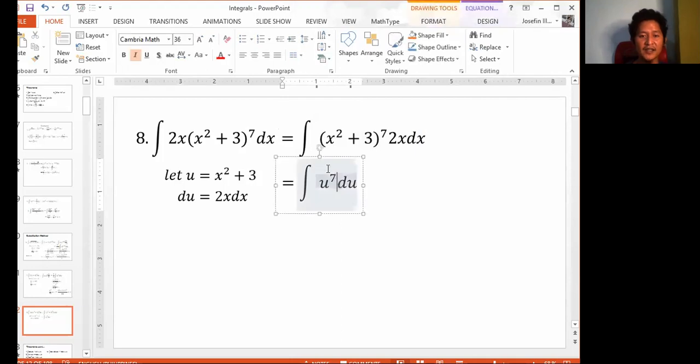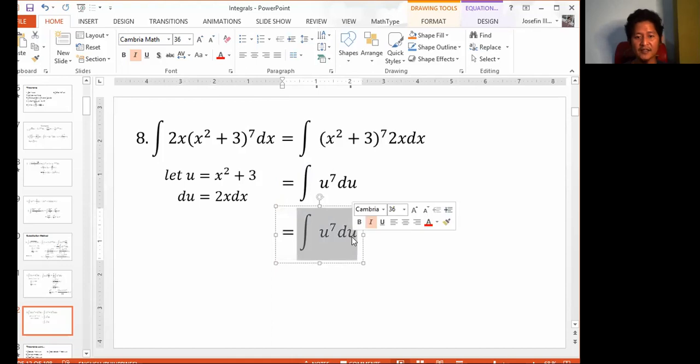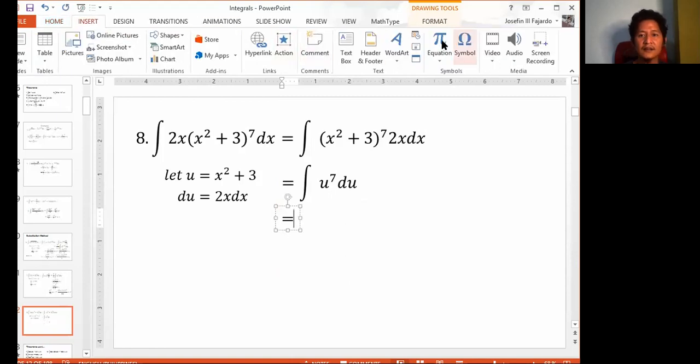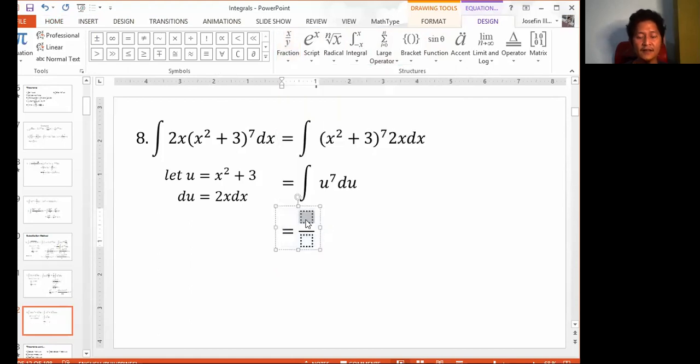And then finally, we just integrate this. So, integral ng u to the 7. Okay, so u to the 7, this becomes u to the 8 again, u to the 8 over 8 and then plus c.